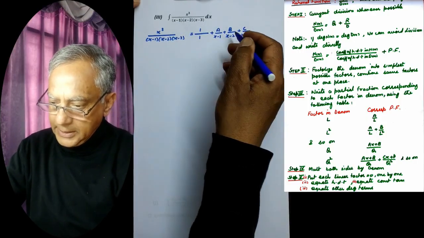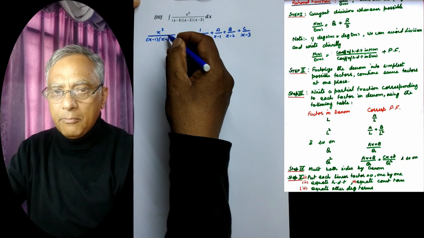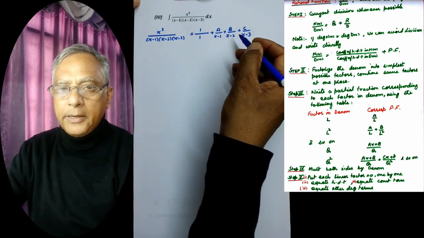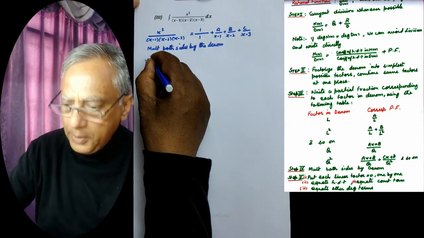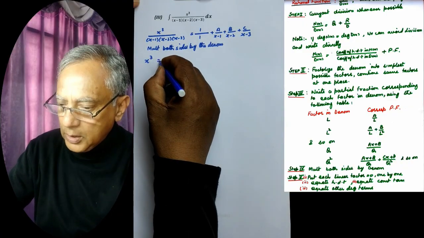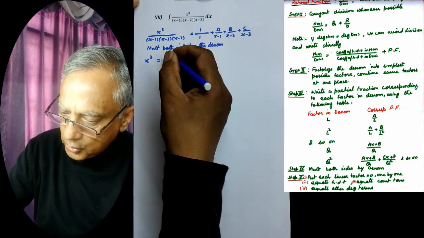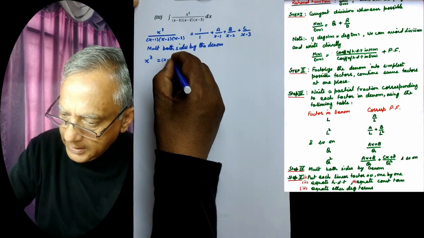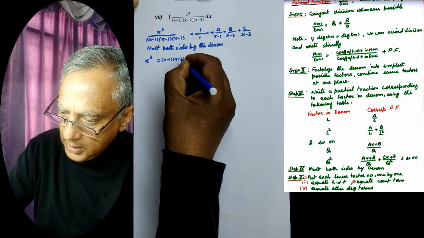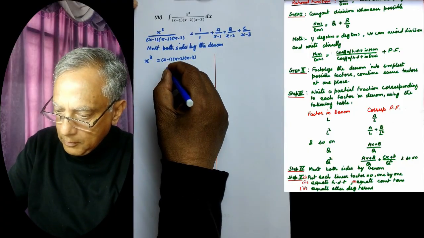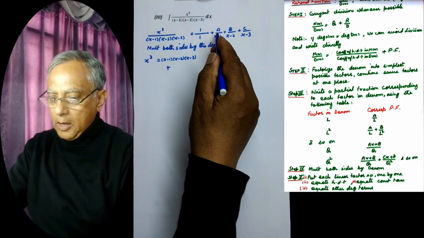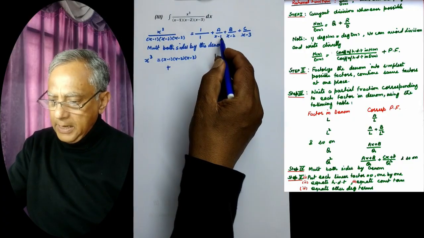And next step is we will multiply both sides by the denominator. What we will get is we will get x cube is equal to, now multiply by this. So this will be x minus 1 into x minus 2 into x minus 3 plus, now multiply this by the denominator.